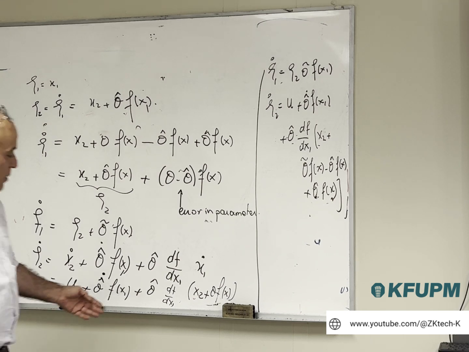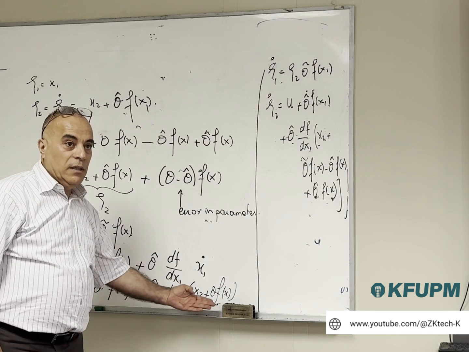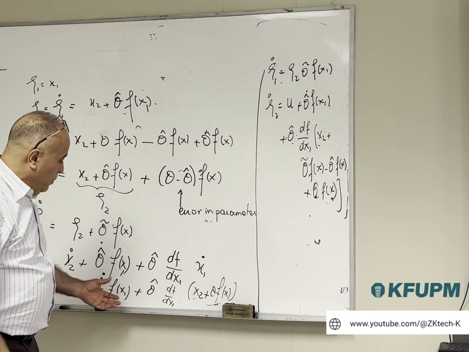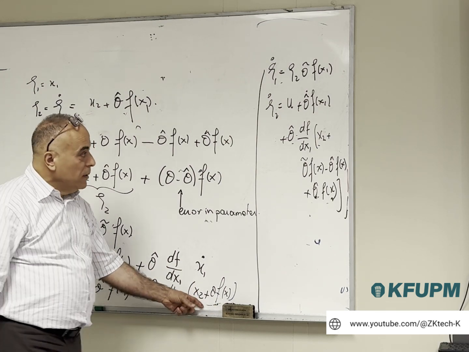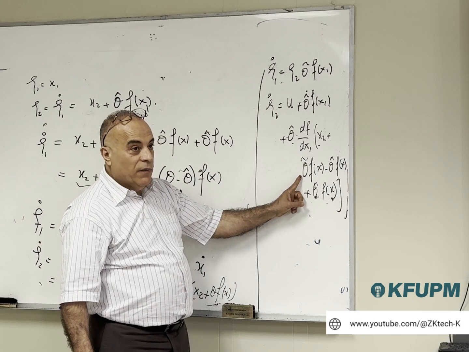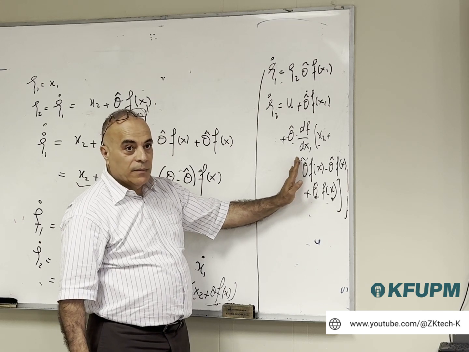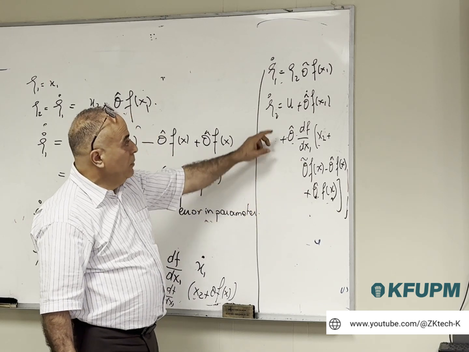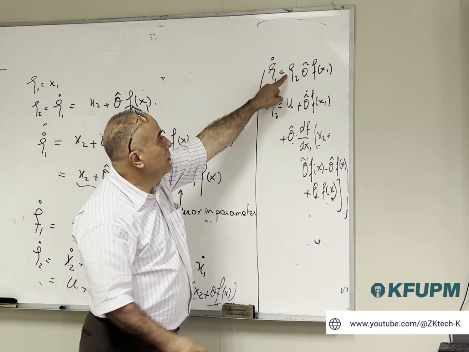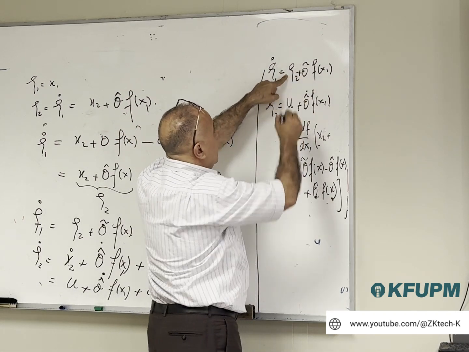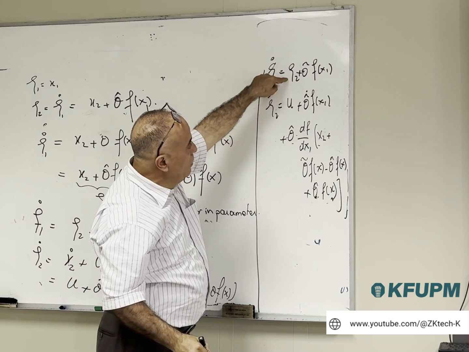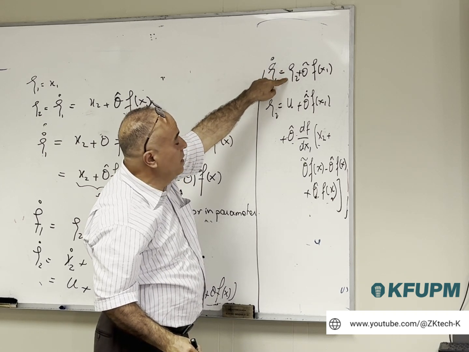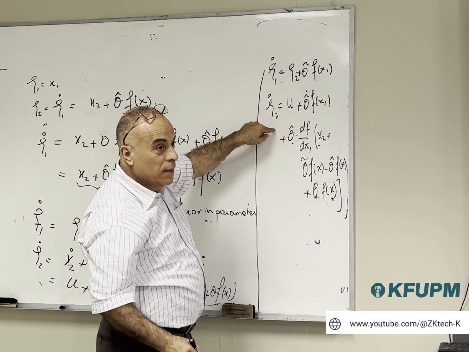Even if I use u to cancel all this nonlinear term, it will remove all these terms except theta tilde f of x. It will stay. You cannot remove it. So it will stay in this equation at the top. The theta tilde will appear in zeta 1 prime, and it will appear in zeta 2 prime.